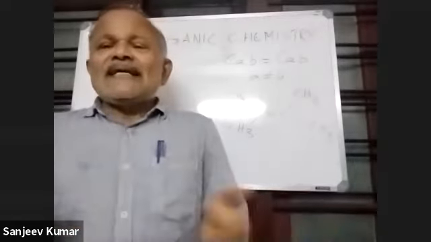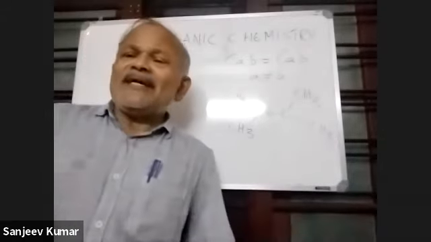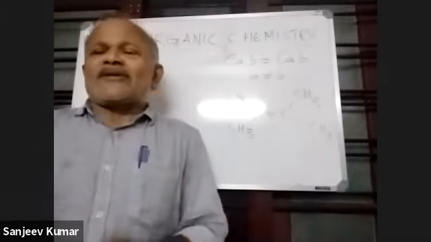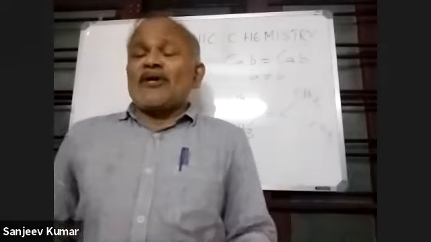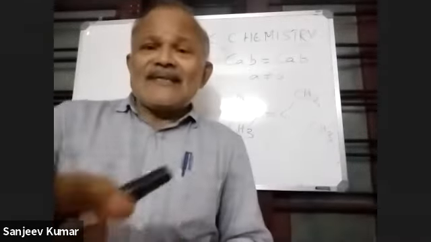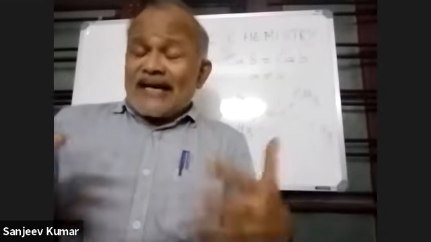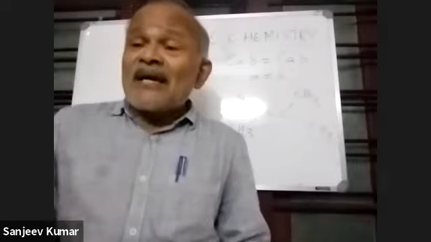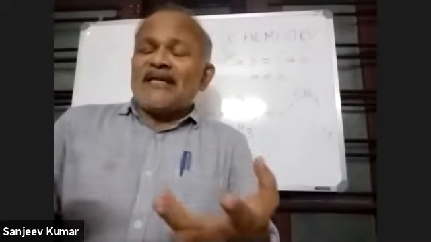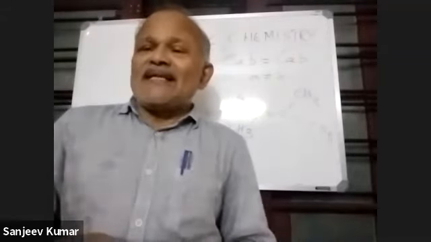And similarly, there is addition also. Free radical mediated addition takes place in the case of the peroxide effect, which is anti-Markovnikov addition. Usually, the addition reaction takes place by the electrophilic addition mechanism.